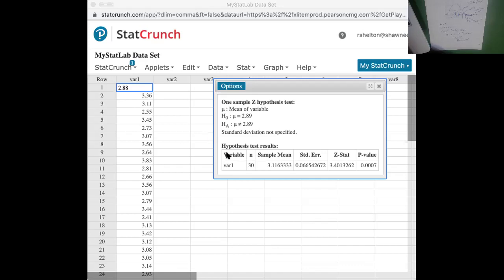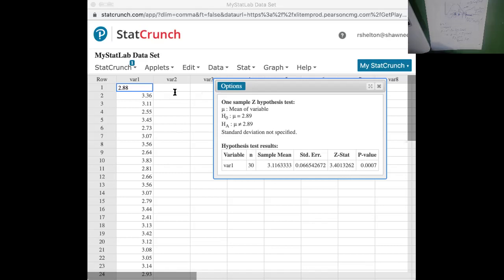And so we've got to find that. Here it is in F. The null says the weight loss is 0, and the alternative says it's more than 0. So we're testing this diet to see if it works.